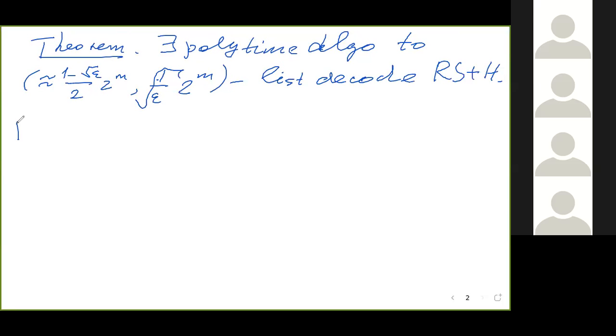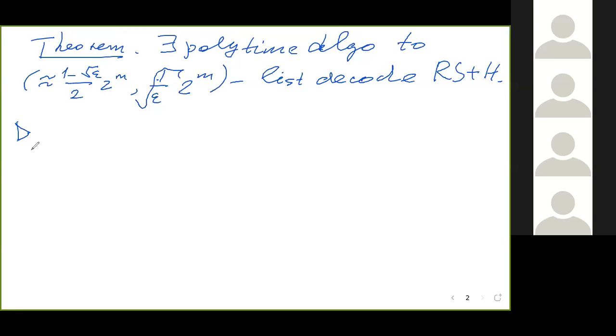And the algorithm will be a very smart one. So usually when we list decode, when we decode Reed Solomon, we always solve in the beginning a system of linear homogeneous equations, find certain polynomials, and then factor, and then either divide the polynomial by something or we factor them.